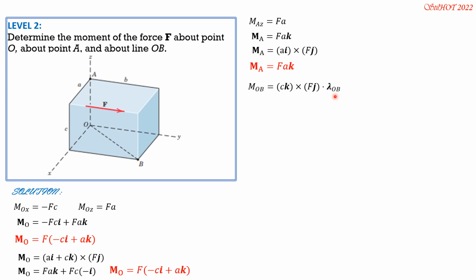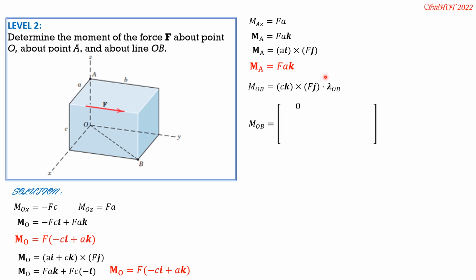Then unit vector of OB, which is direction OB divided by magnitude of that direction, which is in vector form, OB is AI plus BJ divided by square root of A square plus B square.